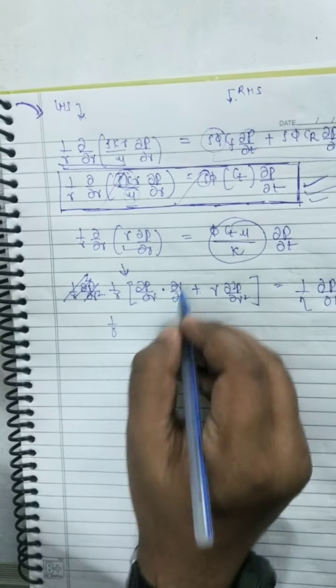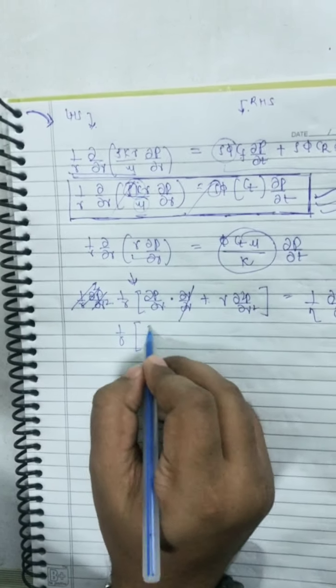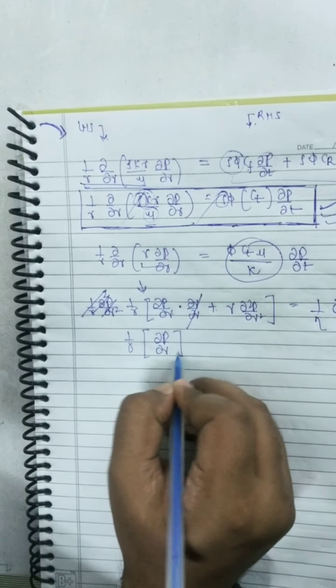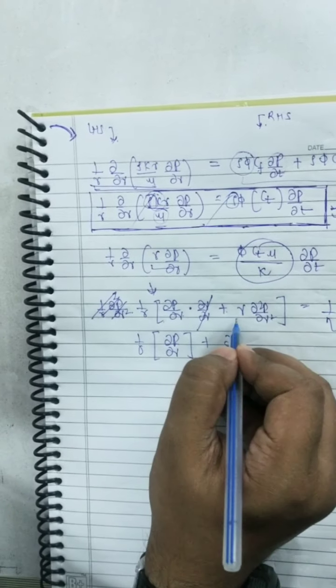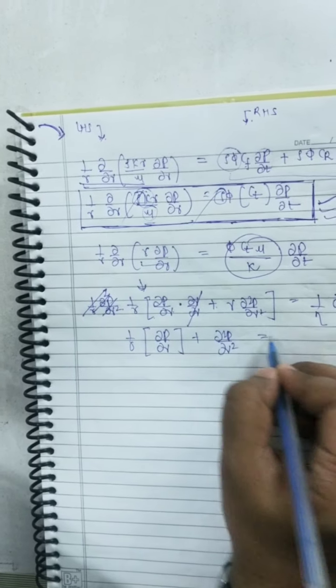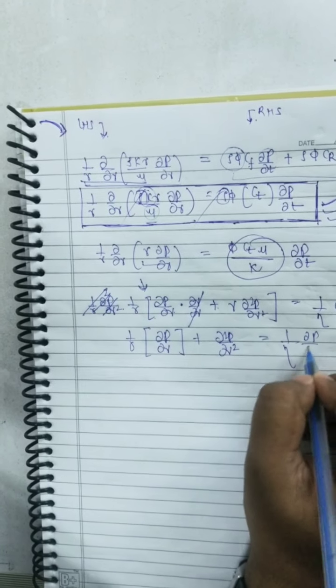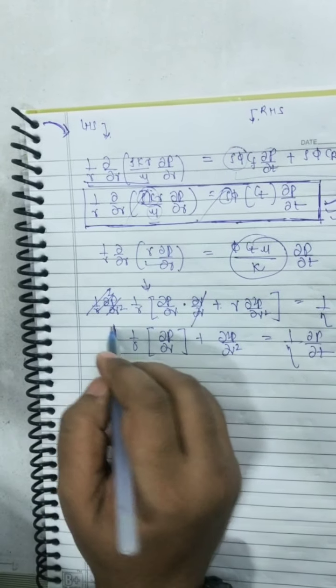So it becomes 1 by r, this gets cancelled out, del p by del r plus del square p by del r square, because r goes inside and cancels it out, equals 1 by eta del p by del t, which is exactly the form of equation that we know.